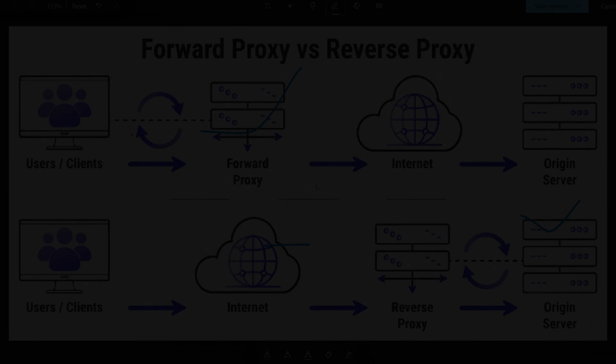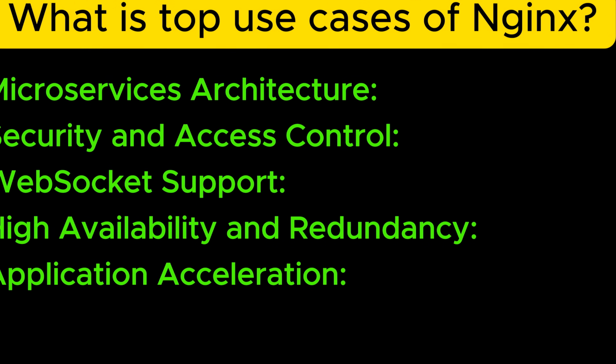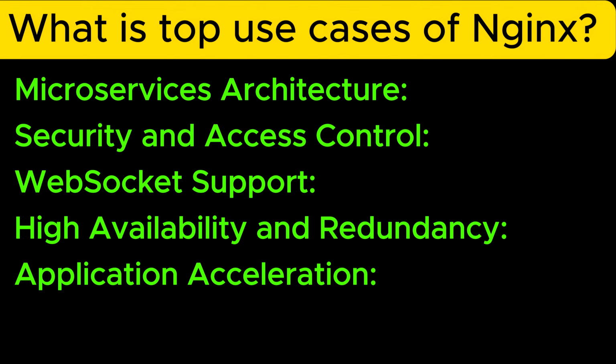Apart from it, there are a lot of benefits, like in microservice architecture. Nginx is often employed as a reverse proxy or load balancer to manage communication between microservices. It provides a unified entry point for client requests and routes them to the appropriate microservices.